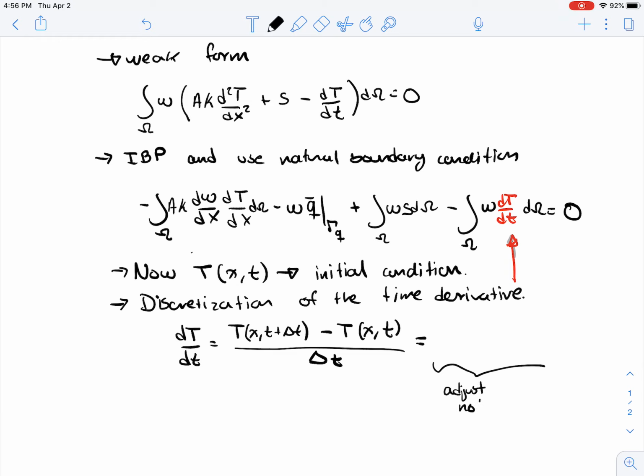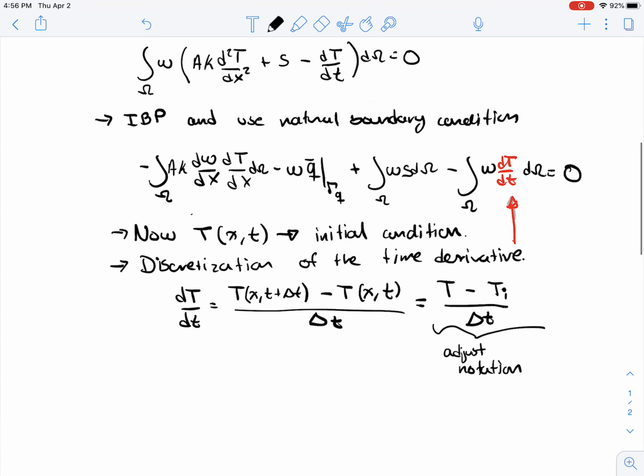Here I'm just gonna adjust notation. I'm just gonna call this T minus Ti over delta t.